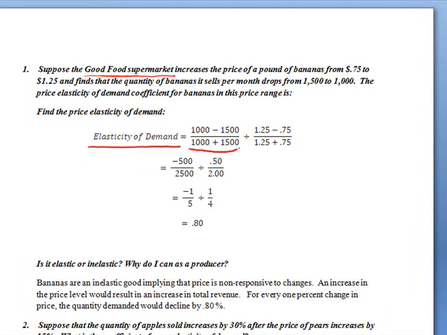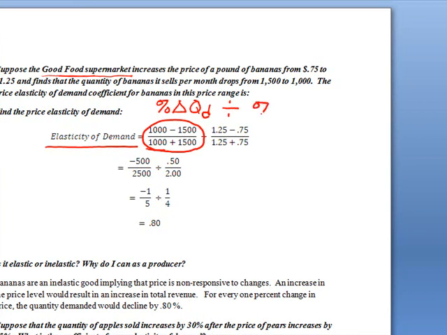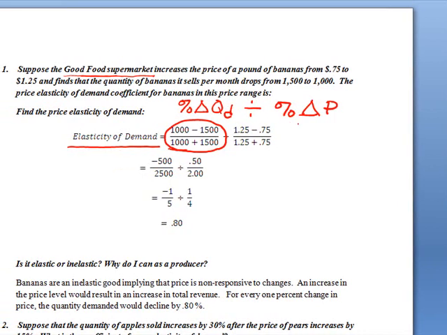Alright, so the formula for elasticity is percent change. Anytime you see a triangle in math, that means change. So it's percent change in quantity demanded divided by the percent change in price. I'm always wanting to know how quantity changes in percent with respect to the price changes.